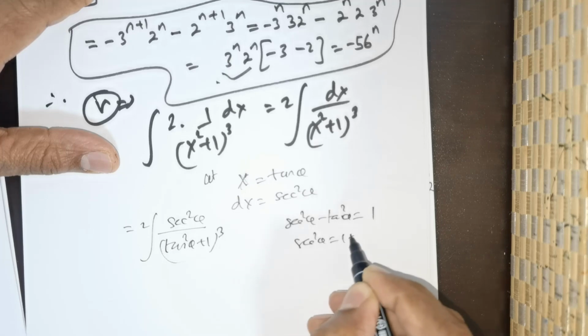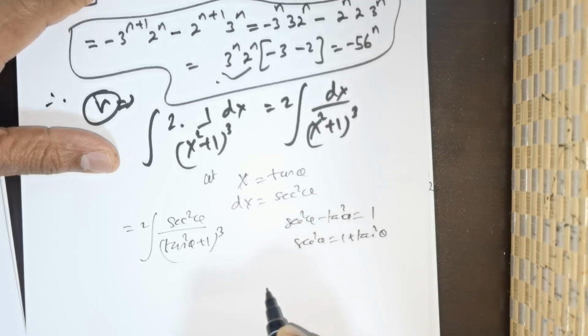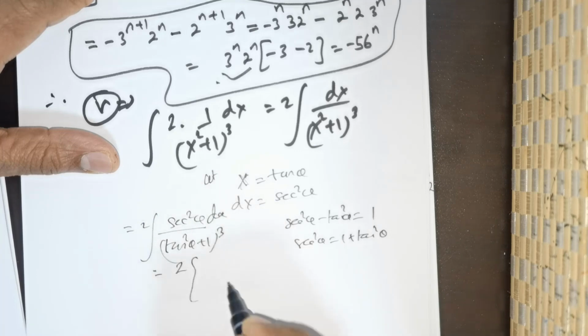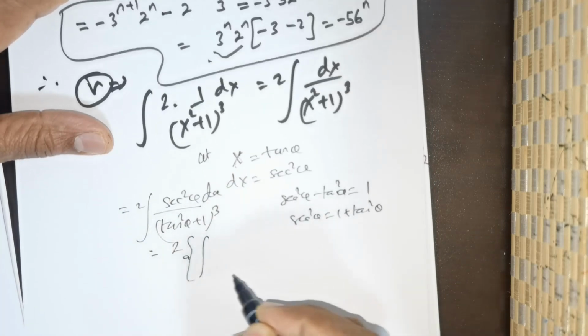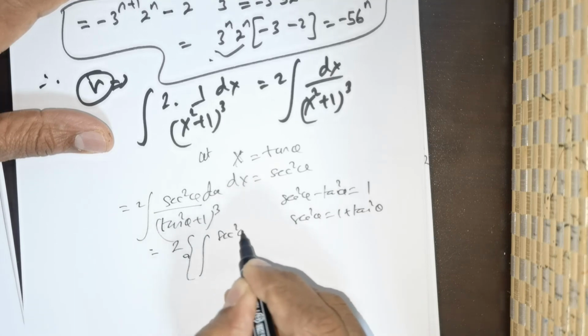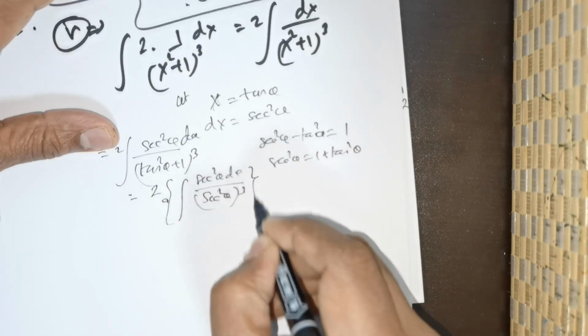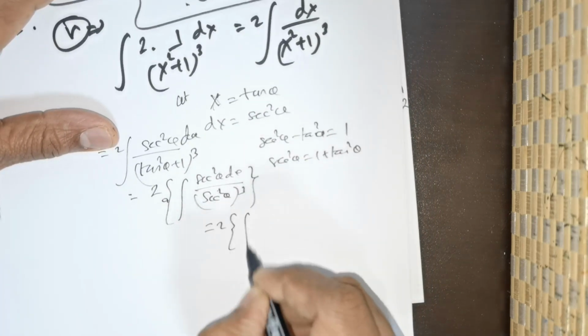So secant square theta is 1 plus tan square theta. So this is equal to 2 times the integral secant square theta d theta divided by (secant square theta) raised to the power of 3.